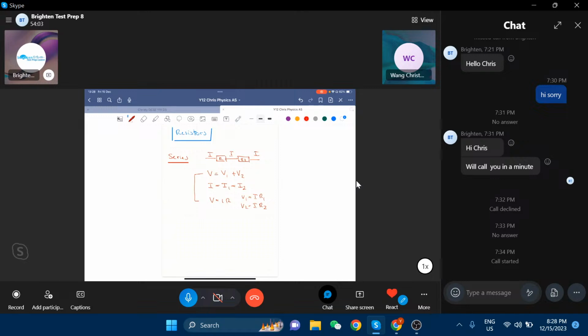Now if we substitute what we just wrote, I get IR equals IR1 plus IR2. And in good math, I can just cancel the I out. So surprise, surprise, I get R equals R1 plus R2.